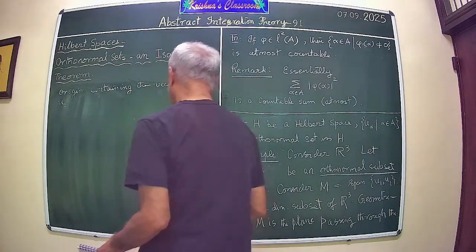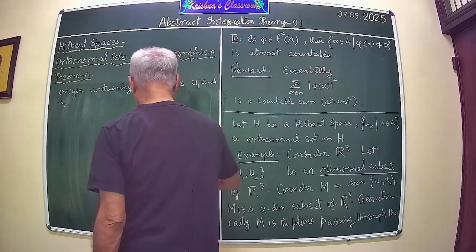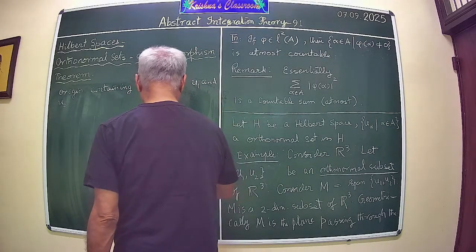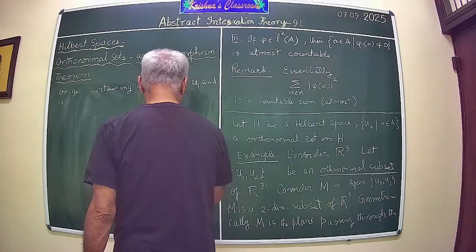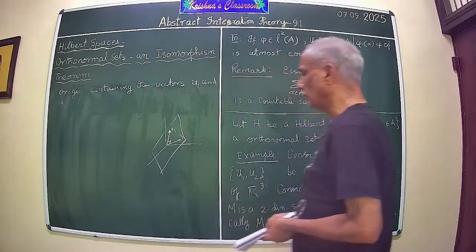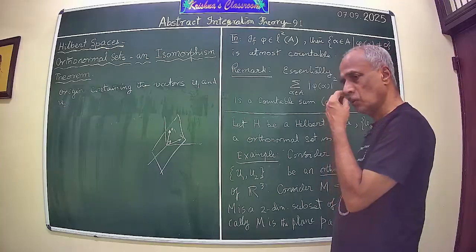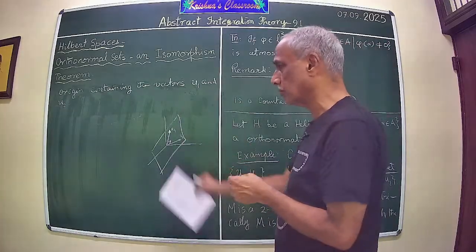So, pictorially it is going to be something like this. Suppose this is a picture of R3 and you take a plane and suppose this is U1, this is U2, orthogonal, and U1, U2 constitute what is called a basis for this particular plane.